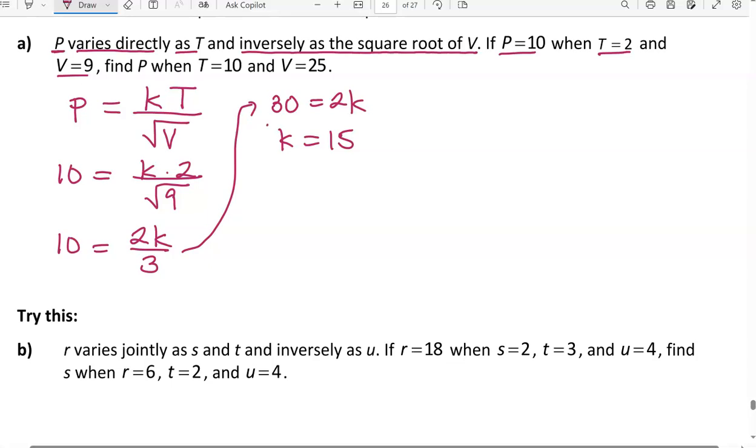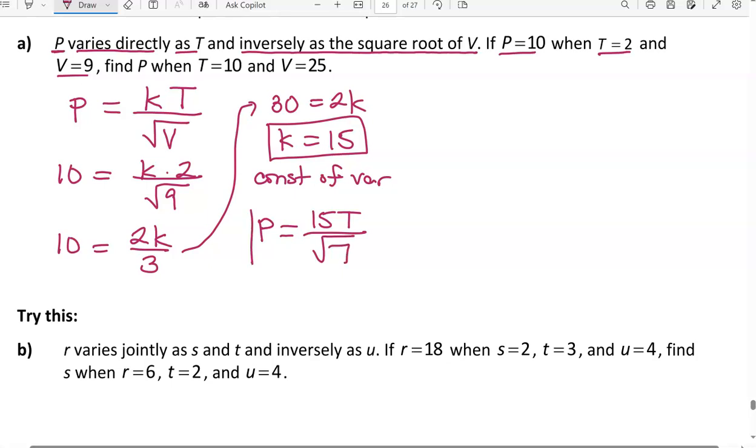So that means that that's our constant of variation. And that's the first answer that they've asked for. The second thing that they've asked for is the equation that relates the variables. So that would be P equals 15t divided by the square root of v. That's our equation of variation.